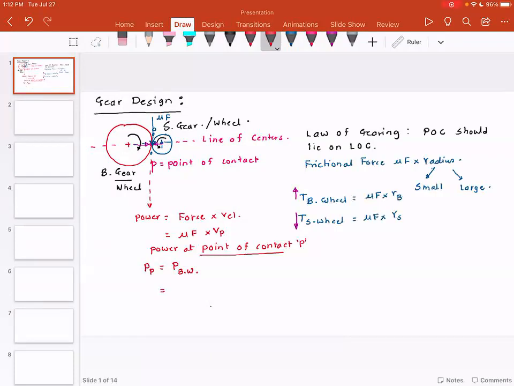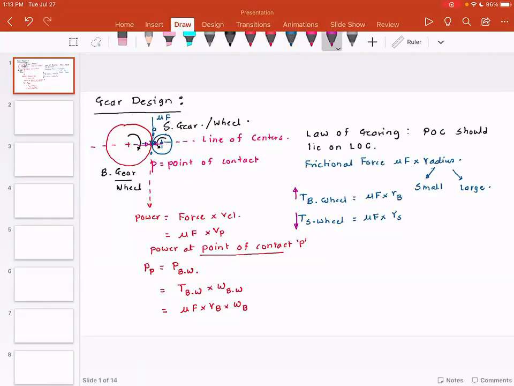Please note, the big wheel is not translating, it is rotating. So this is torque of the big wheel multiplied by angular speed of the big wheel. Torque of the big wheel is mu F multiplied by RB multiplied by omega, I'm just going to call omega b.